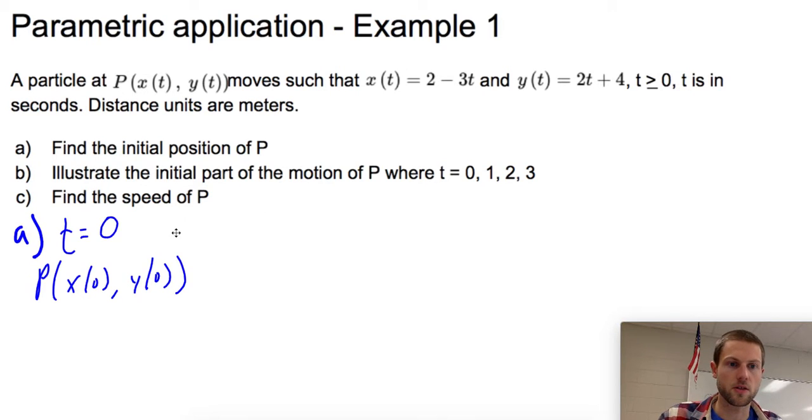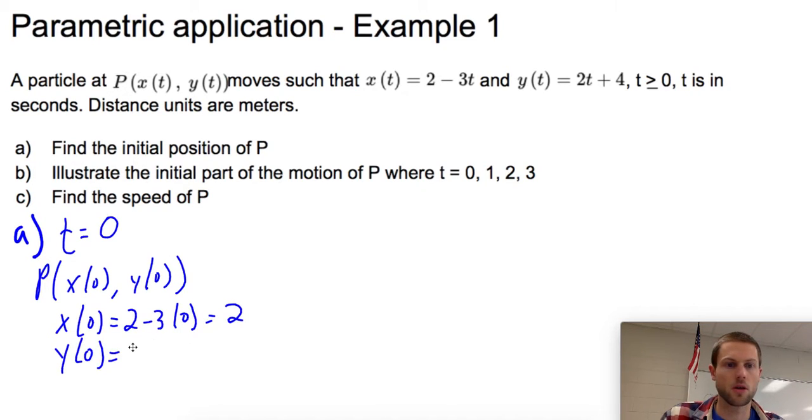If you plug in 0 for x of t, x of 0 will equal 2 minus 3 times 0, which is equal to 2. And y of 0 equals 2 times 0 plus 4, which is equal to 4. So the initial point of this particle is 2 comma 4. That is letter A, done.